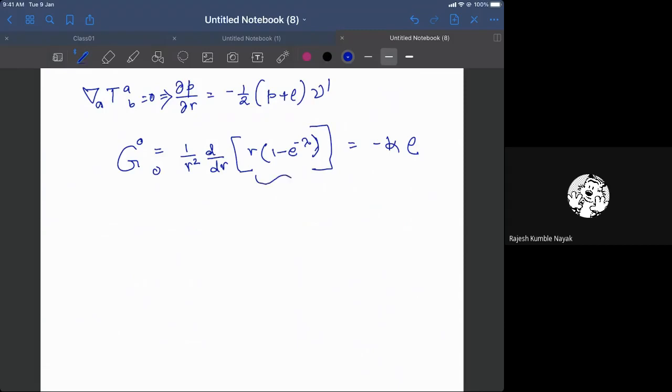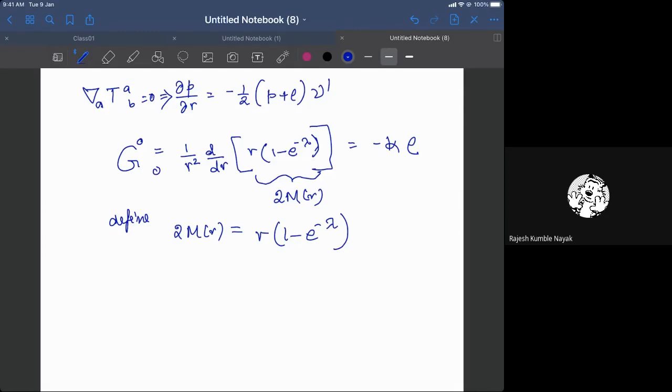We call whatever is inside as 2m of r. Okay. So it's a function of r, so you can't treat it as a constant. That means we define 2m. This is a definition. Define 2m is equal to r into 1 minus e to the power minus lambda.